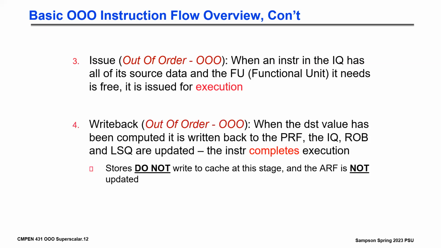Now, here we get a little bit of name abuse. So write back is not the same as the write back in your in-order pipeline. Very similar, but not the same, right? Because we are not writing back to the actual final program state. We are writing back internal to our data flow engine, to our out-of-order data flow engine, right?